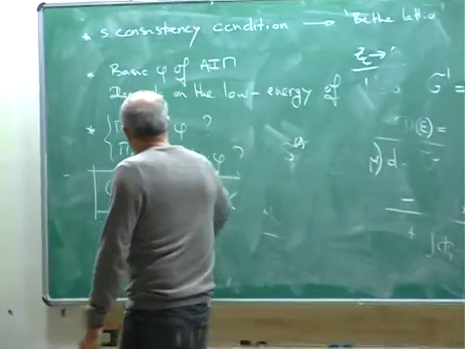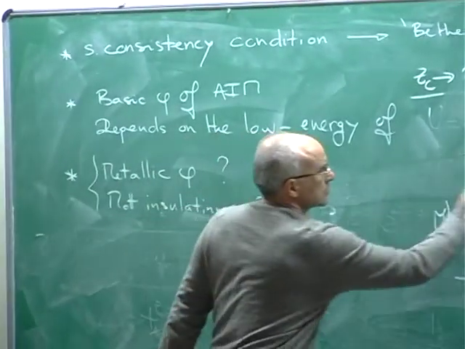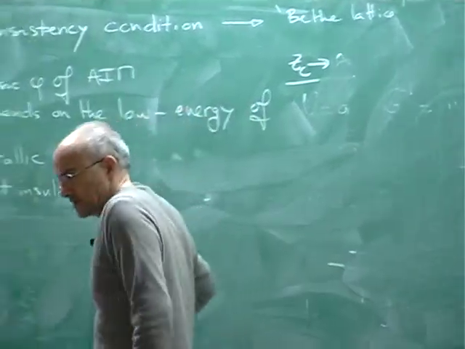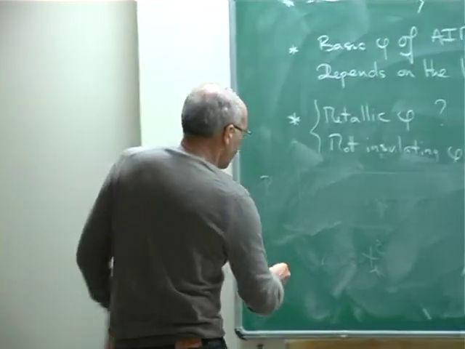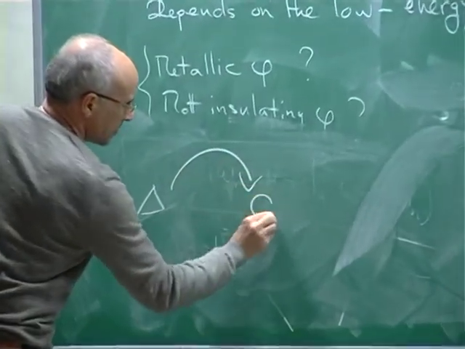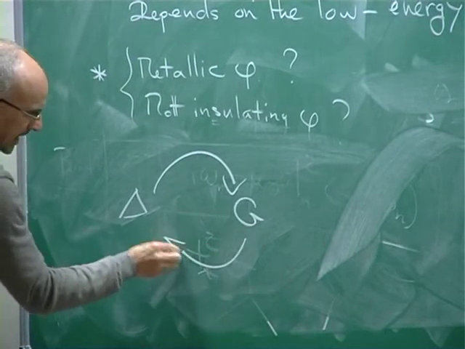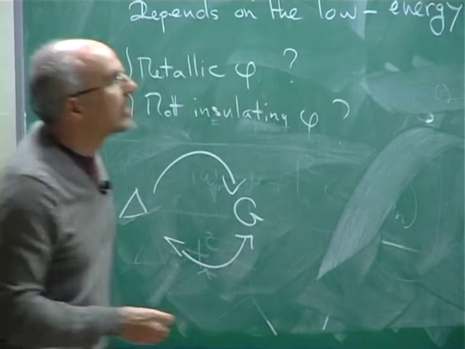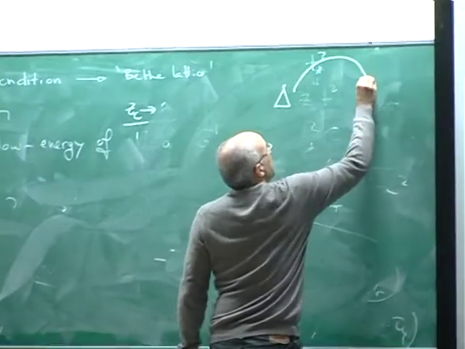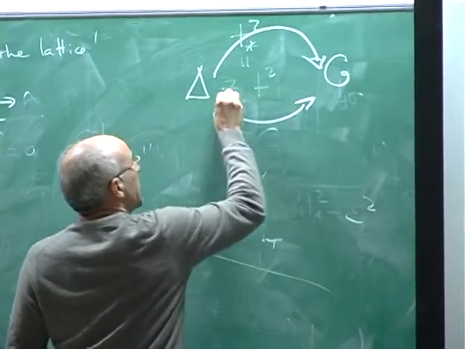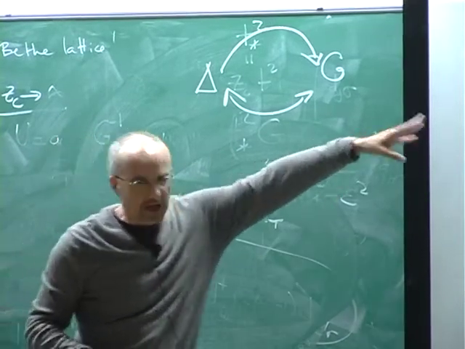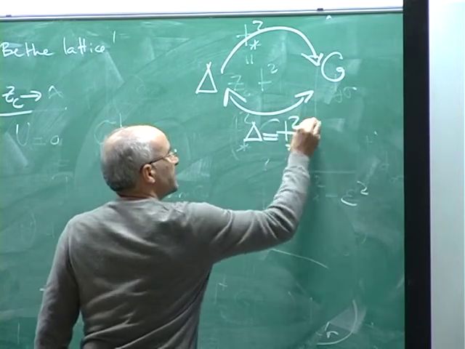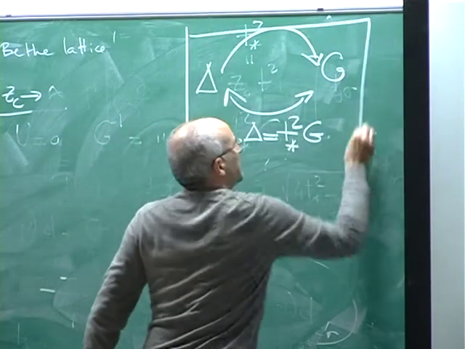Now the question on the table is: we are instructed to solve a self-consistent impurity model in which we start from a Delta, we calculate a local G, and these two have to be related by a self-consistency relation, which in general is this, but let's just keep in mind a simple case because it doesn't really change the physics. Let's assume that this is the relation.